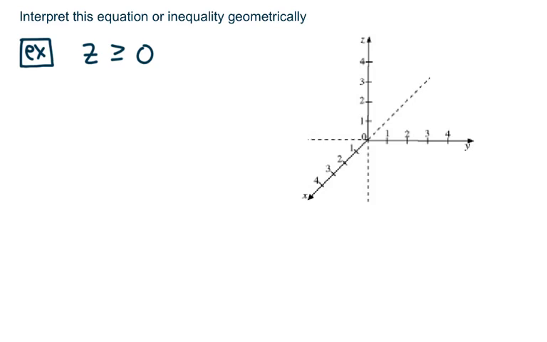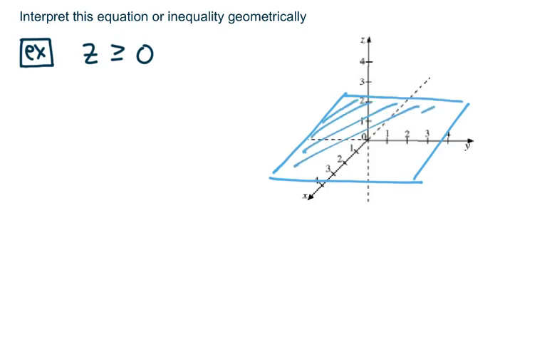Our first example is z greater than or equal to 0. What we want to realize is that z equals 0 is going to be a flat plane running through the origin.